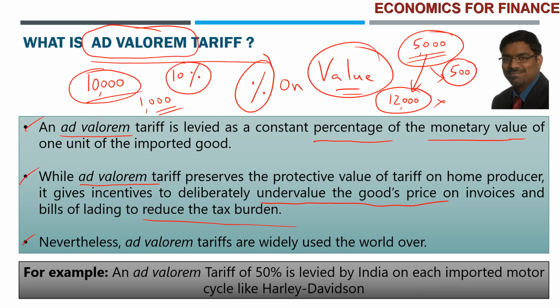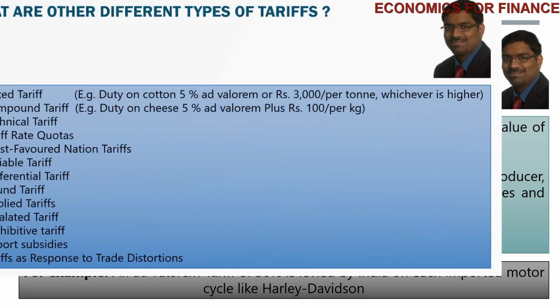We reduced it, but still whatever it is right now, still there is an ad valorem tariff of 50% levied on each imported motorcycle in India. So that is an ad valorem tariff. Whatever the value of that bike that is imported, on that 50% has to be paid to the government as customs duty, that is ad valorem tariff.